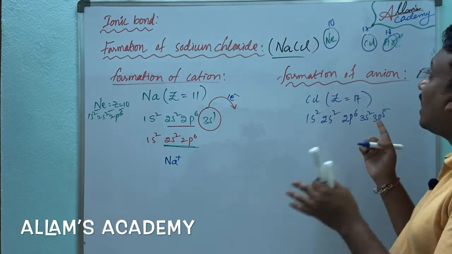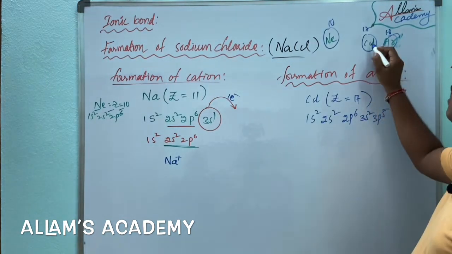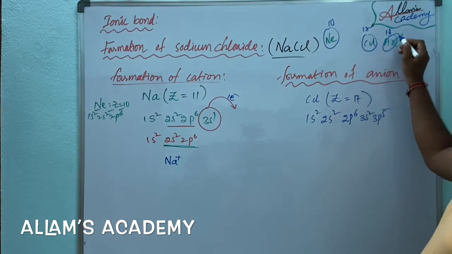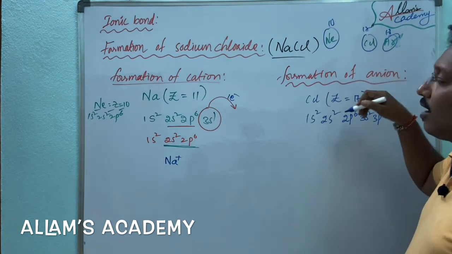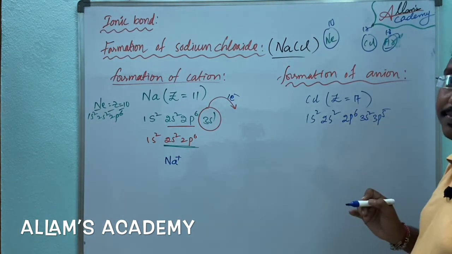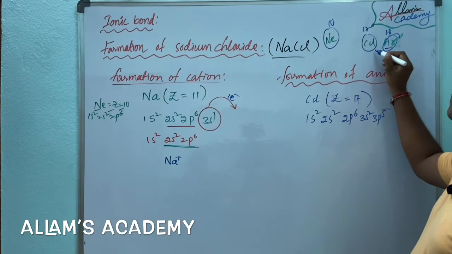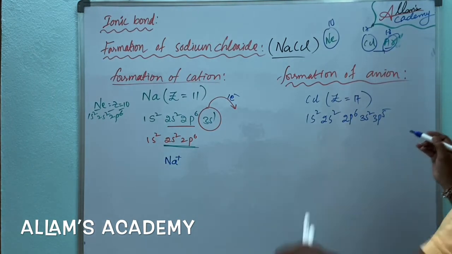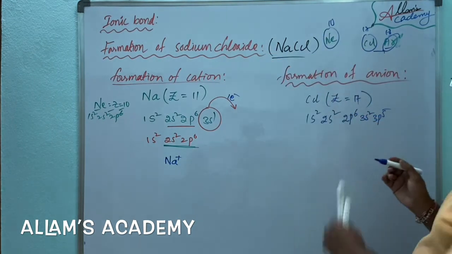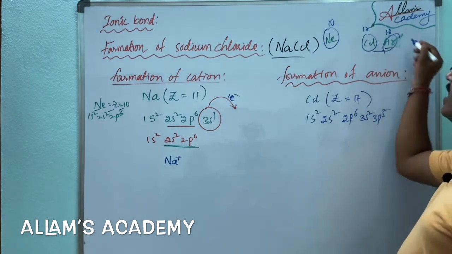Then which is the nearest noble gas to chlorine? That is argon, isn't it? Neon is 7 steps far away, and argon is very next one.